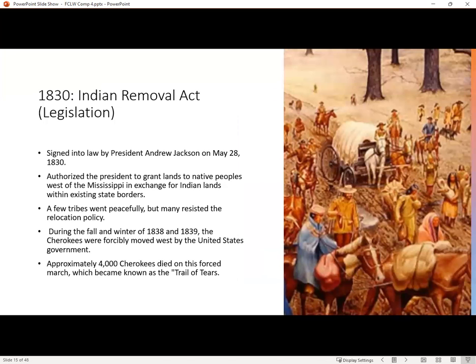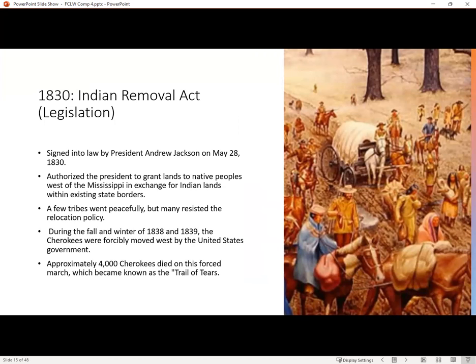Then we had a very terrible act, the Indian Removal Act legislation in 1830, signed into law by President Andrew Jackson, but the legislature wrote it. This authorized the Native people to have land west of the Mississippi, so they gave up the land on the east side, and they didn't want to give it up, of course.